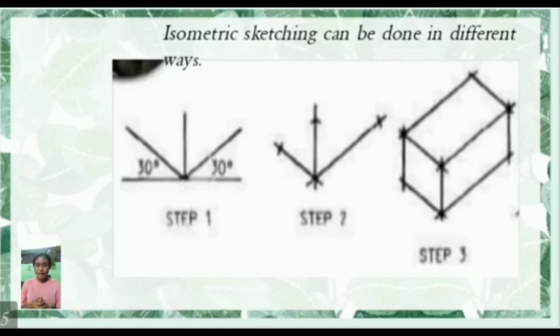And the step 2, imo na siyang i-erase ang kaniimuhang first nga gibuhat nimo nga line. Imo na siyang i-erase, and then sa step 3 imo na siyang i-connect para maka-create na ka og objects.